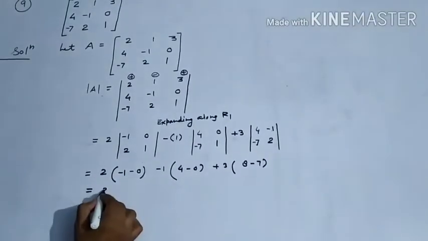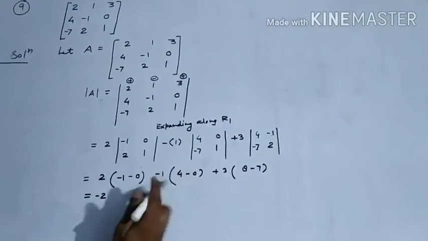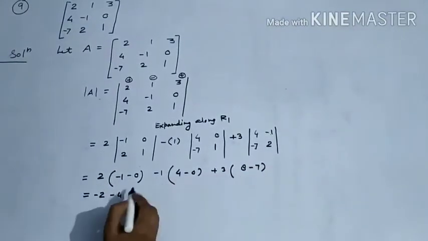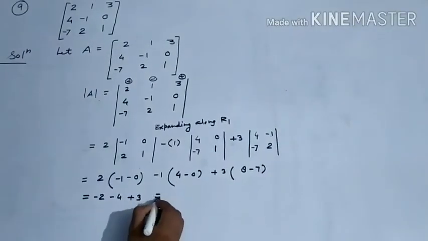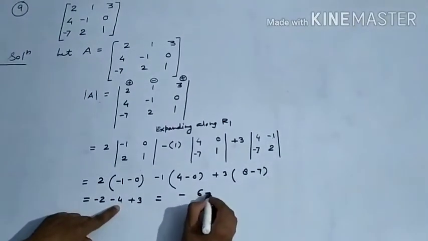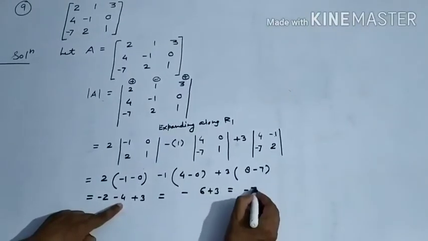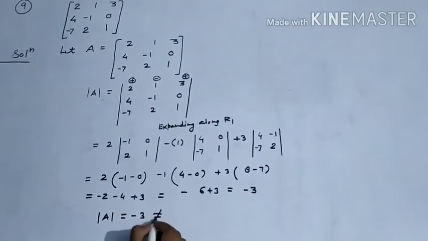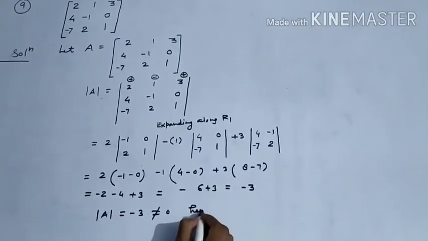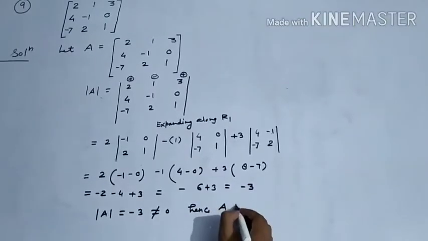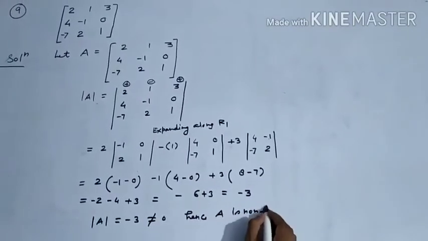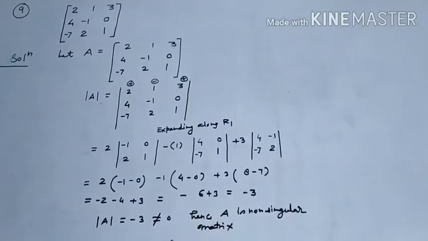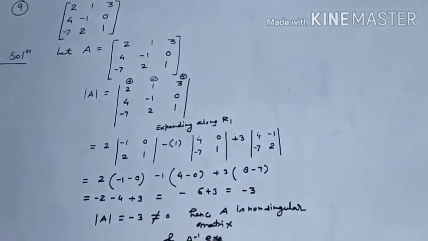This is equal to 2 times minus 1, minus 4, and 3 times 1. So this is equal to minus 6 plus 3, which is equal to minus 3. So determinant of matrix A is minus 3, which does not equal 0, hence A is a non-singular matrix and A inverse exists.